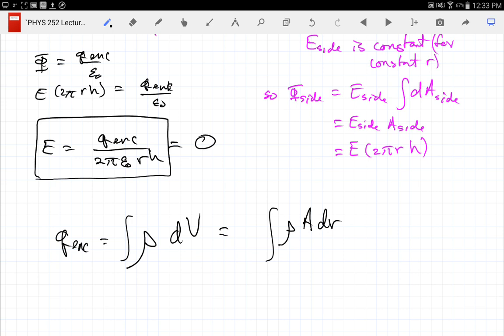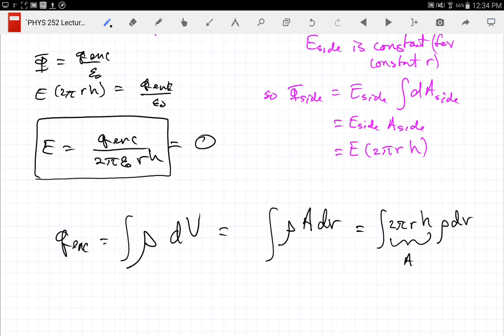So that A needs to be the area of a cylinder. Well, as luck would have it, we just calculated the area of a cylinder, didn't we? So that's equal to the integral of 2 pi r h, that's the area, rho dr.